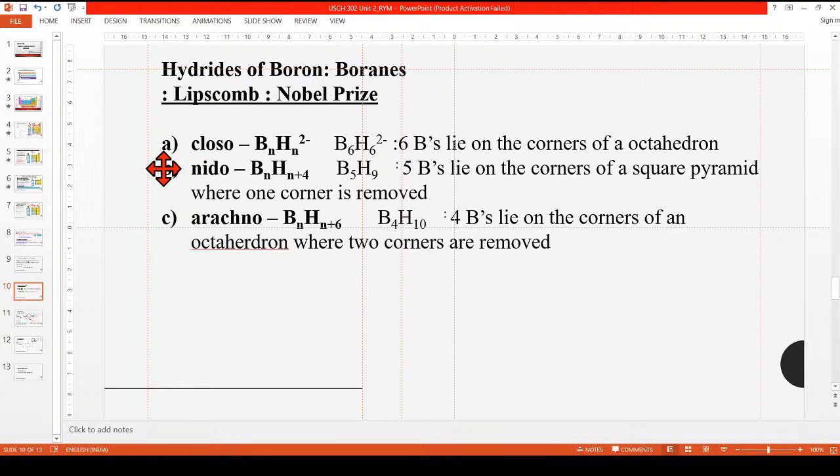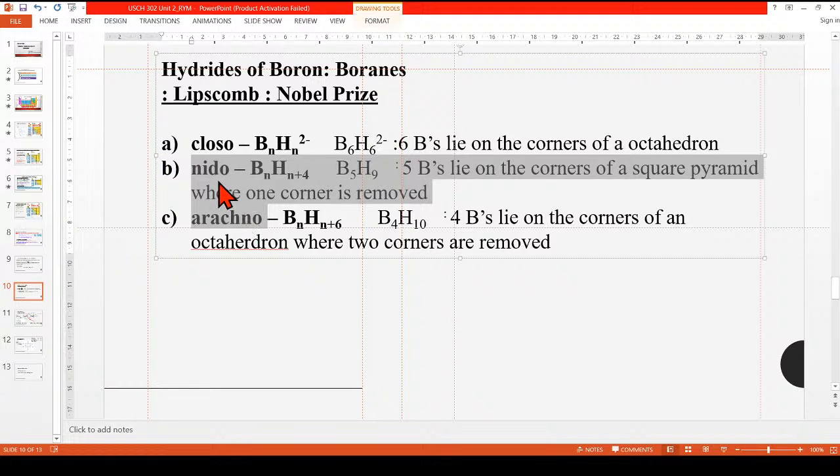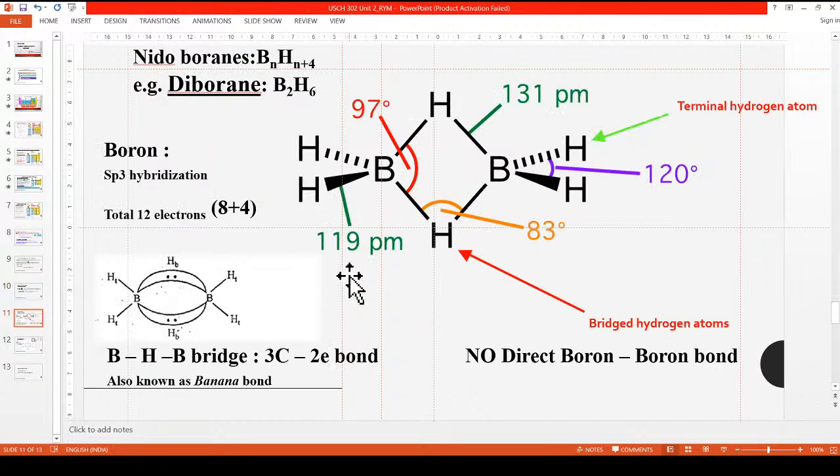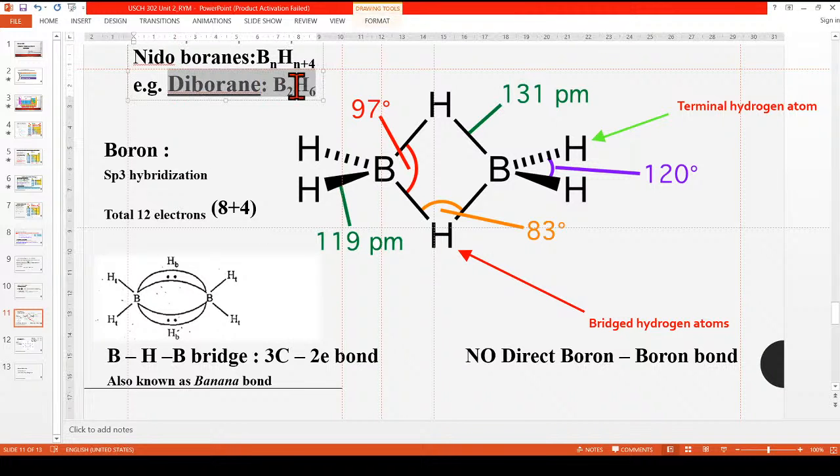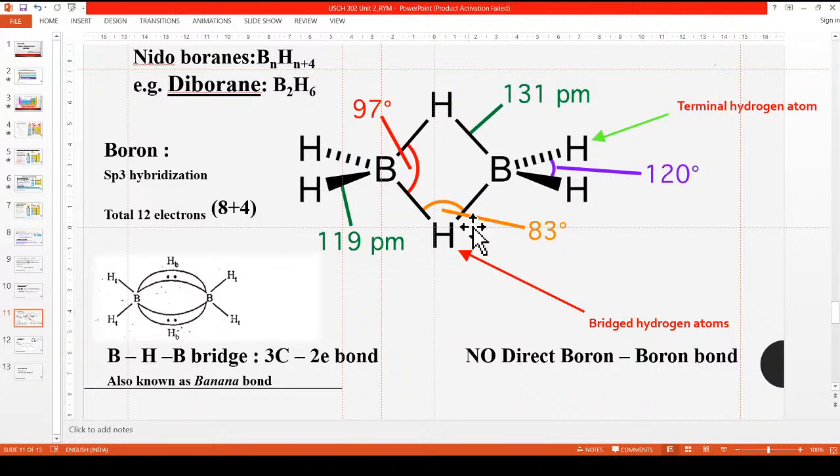Classification में at least B and C आपके syllabus में है. निडो में BnHn+4 आता है, अरेचनो में BnHn+6 आता है. ओके, देन निडोबोरिन का एग्जांपल, डाइबोरिन इन डिटेल है आपको स्ट्रक्चरल एनालिसिस, तो उसमें स्ट्रक्चर याद में रखो.